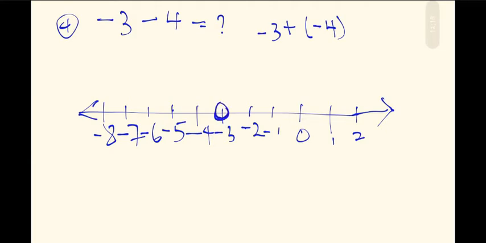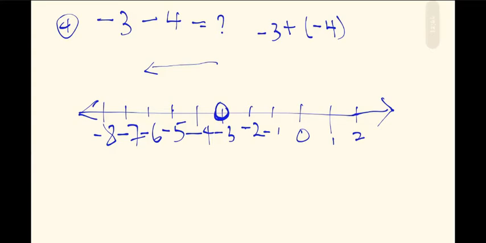So we mark our -3 on the number line. We are adding -4 to -3. So adding -4 to -3 lets us count this way.